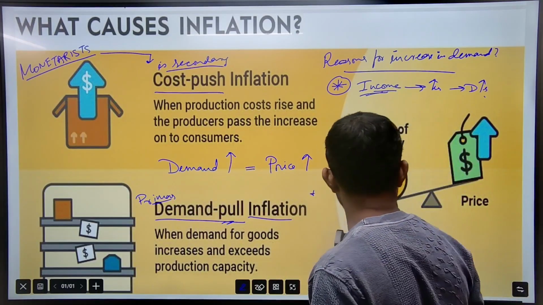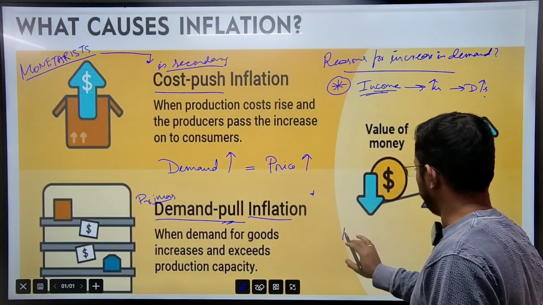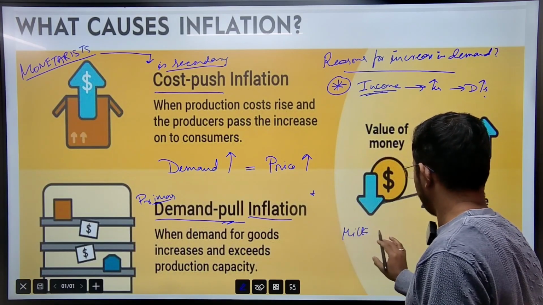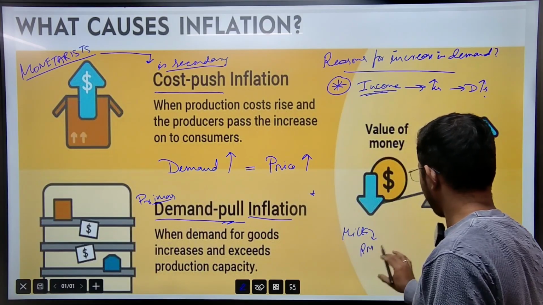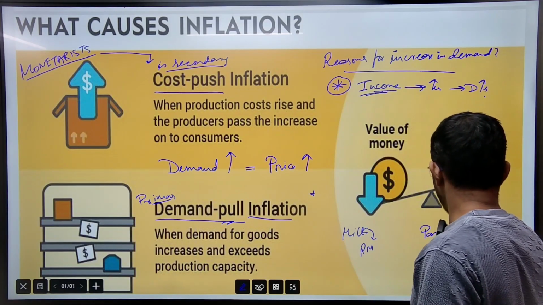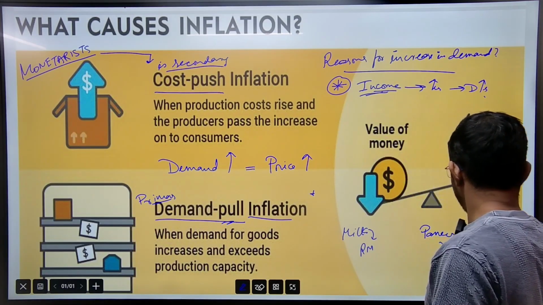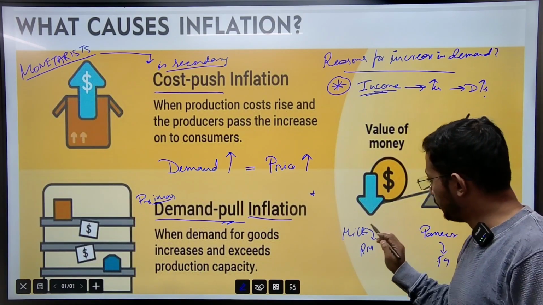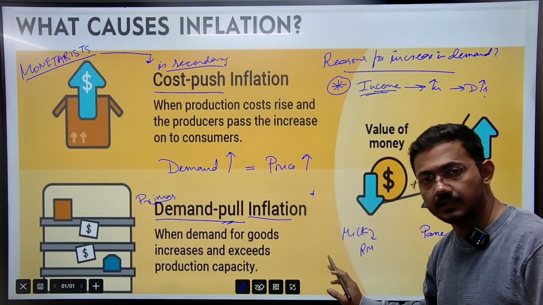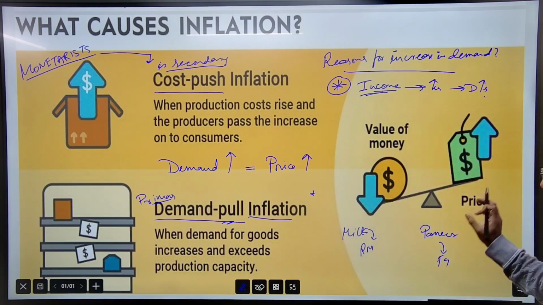Let me take one example, say milk. If milk is a raw material, then paneer is a final good. Cost push inflation says that due to the rise in the price of milk, the price of paneer increases.